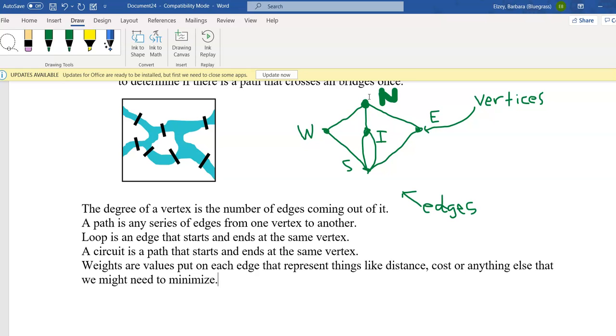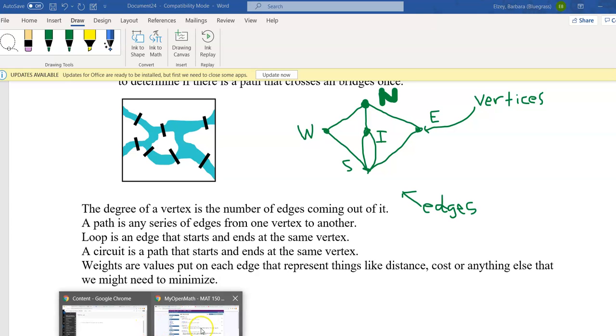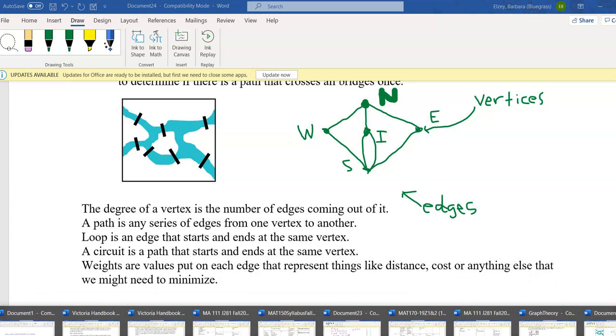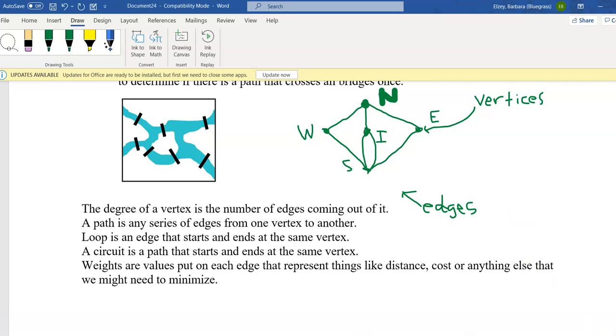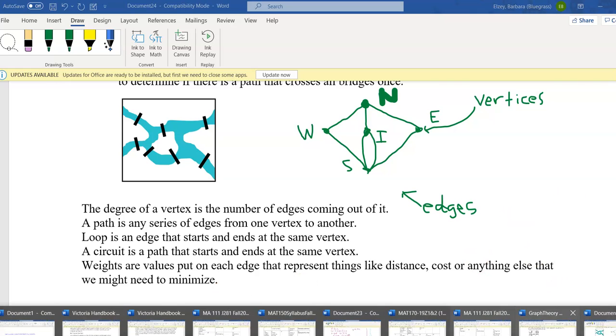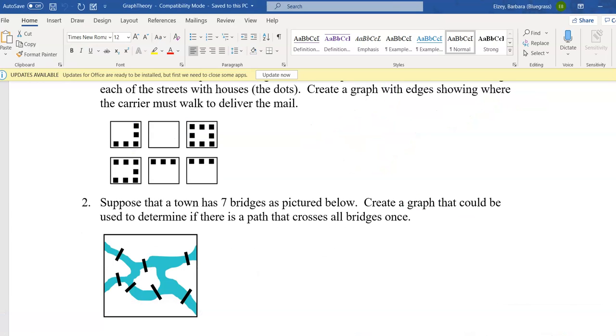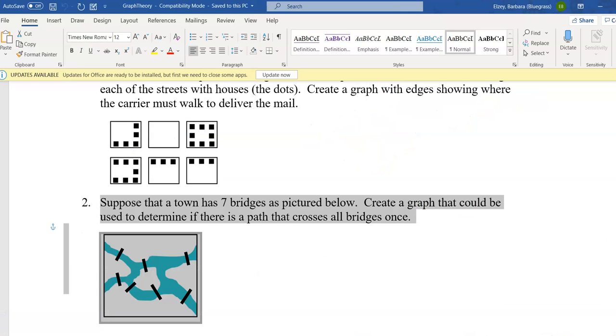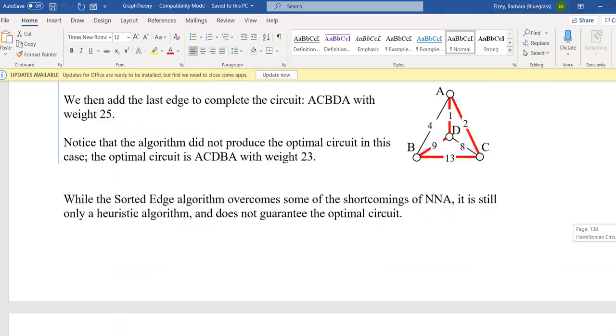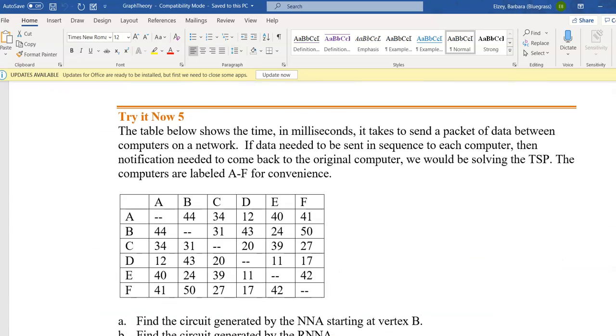All right, now we're going to look at something called Dijkstra's algorithm. There is a set of sequences in your textbook, and it's very complicated. Dijkstra's algorithm in the book has a series of long, complicated instructions.